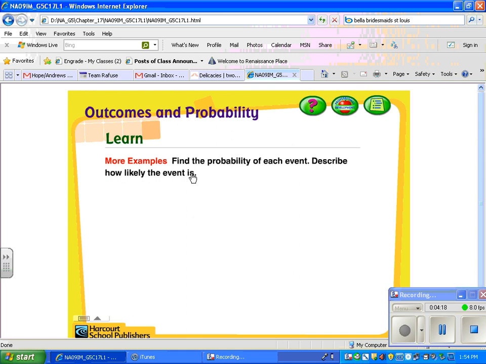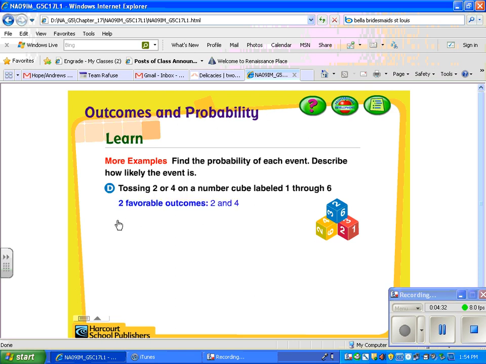Here we're going to do some more examples. Find the probability of each event. Describe how likely the event is. Let's say I have some number cubes that are labeled 1 through 6, and I want to find out what the probability of tossing a 2 or a 4 on one of those cubes would be. I have 2 favorable outcomes, the 2 and the 4.